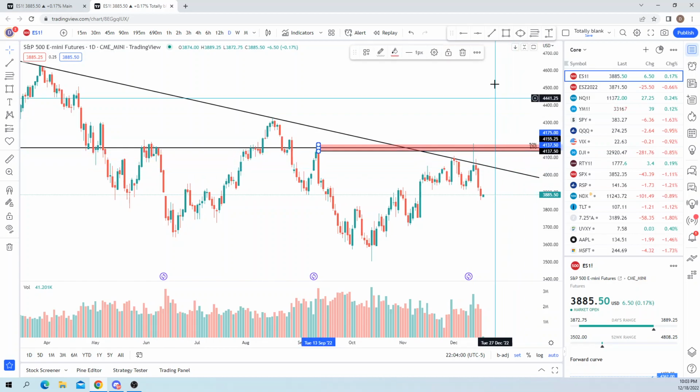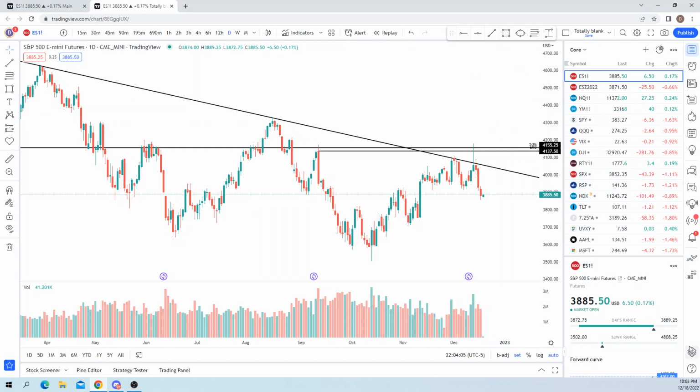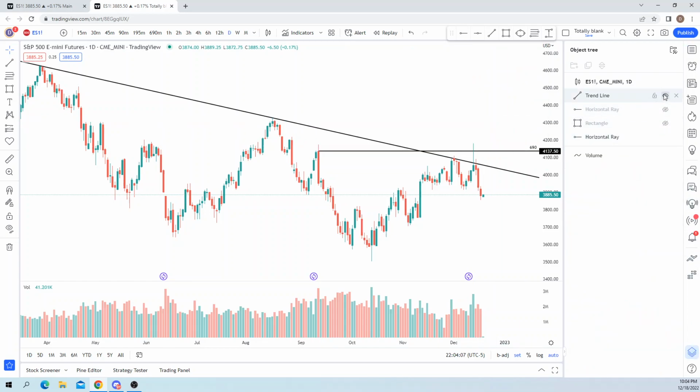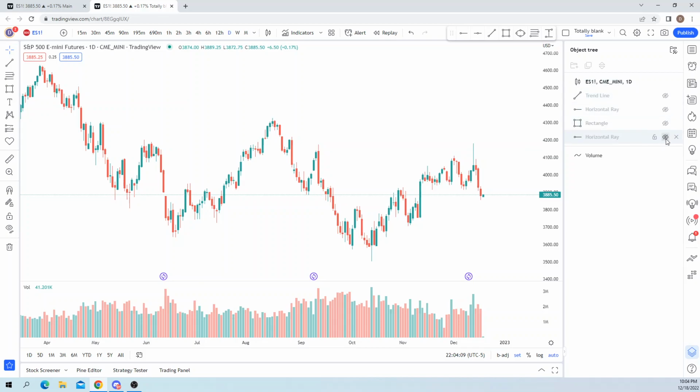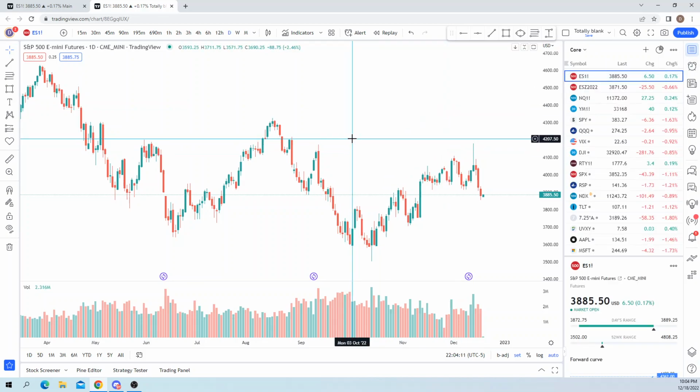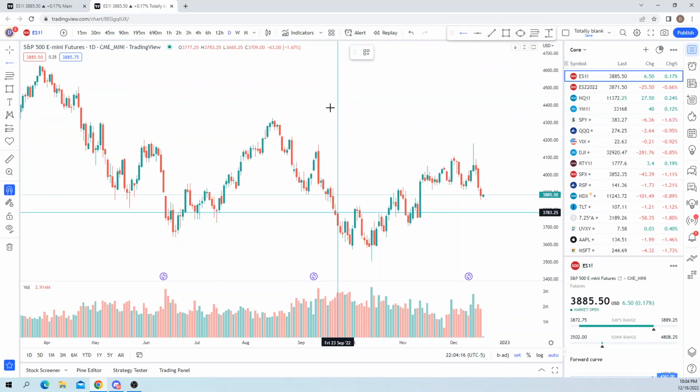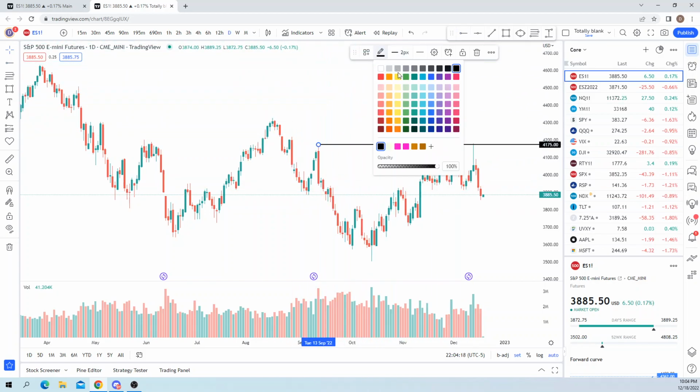So I'm going to show you guys exactly why I picked that stop loss. My stop loss was 41.86. Why? I will show you right now.